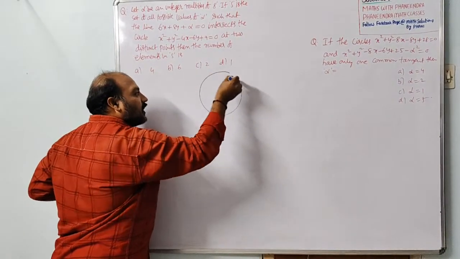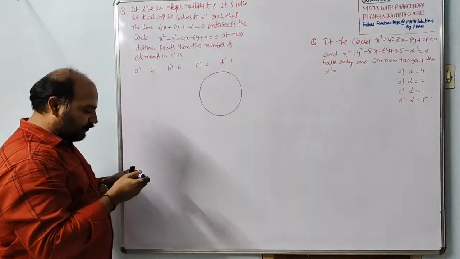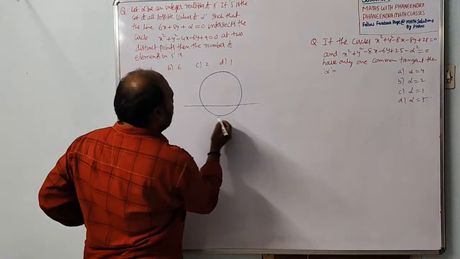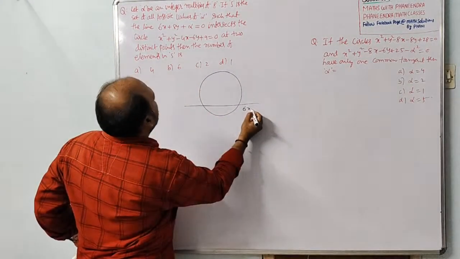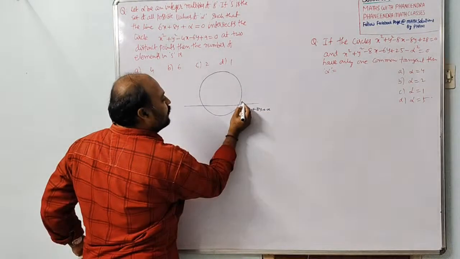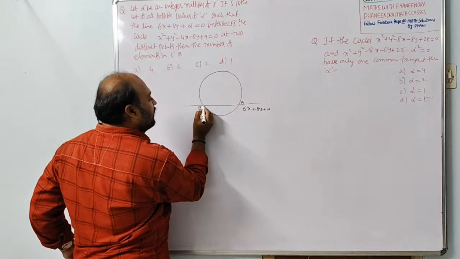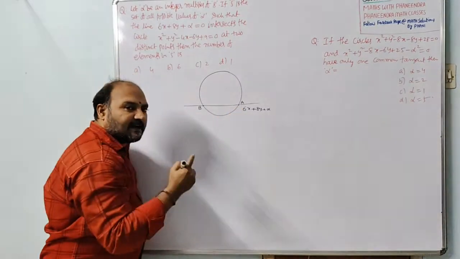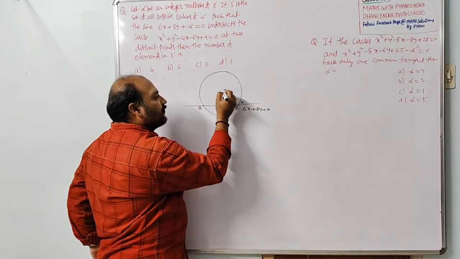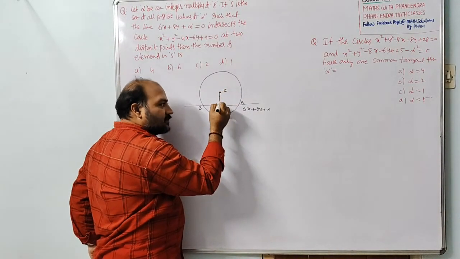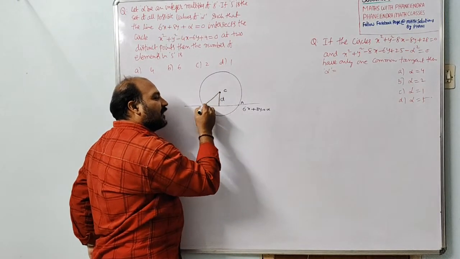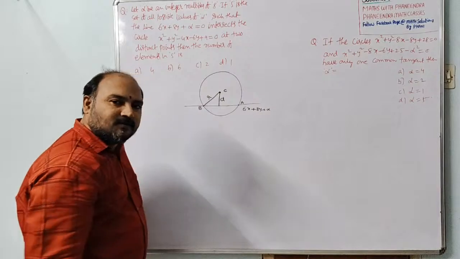This is the circle, and the line 6x plus 8y plus alpha cuts in two distinct points, A and B. Whenever it cuts the circle in two distinct points, this is the center. The distance from the center to this line, that means D, is obviously less than the radius of the circle. Am I right?